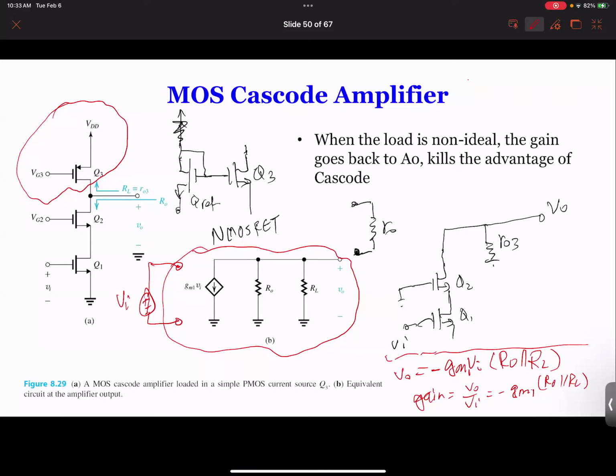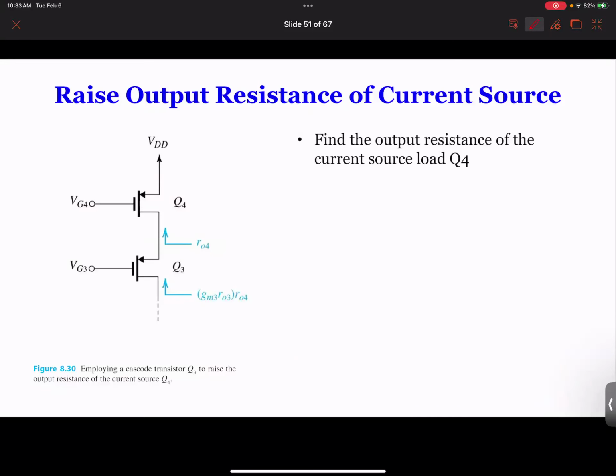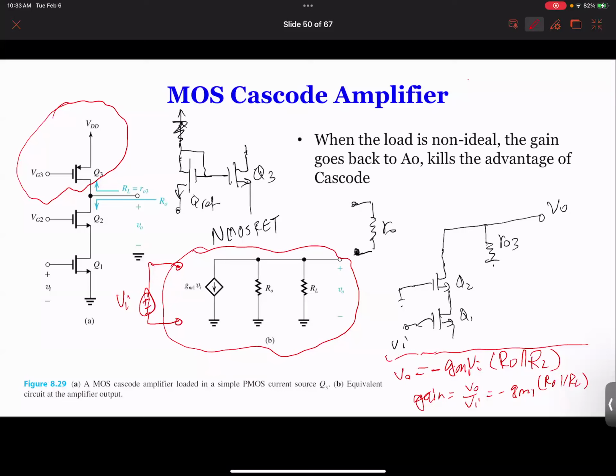However, we still have to figure out what RO is and what RL is to get an accurate value. This is partly addressed in our previous lecture, to look at the value of input and output resistance.